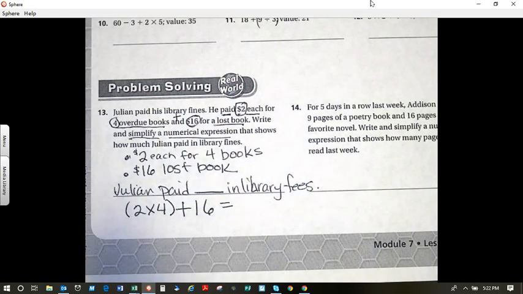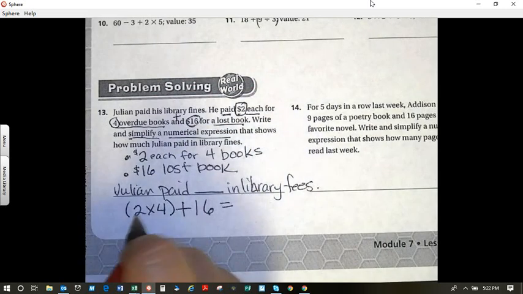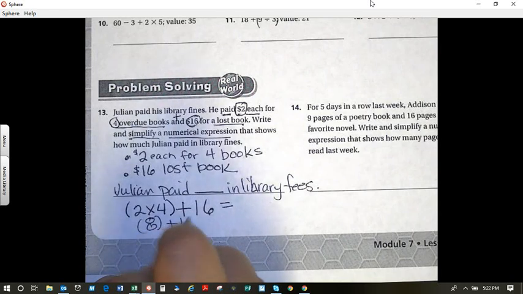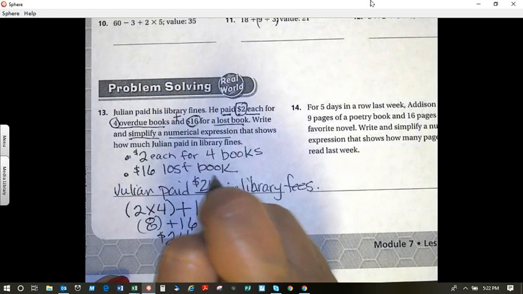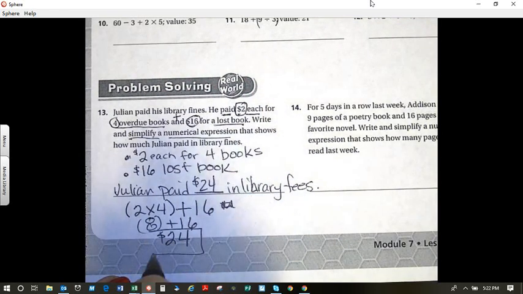So now let's simplify. I'm going to bring everything down. 2 times 4 is 8 plus 16. 8 plus 16 is $24. So he paid $24 in library fines.